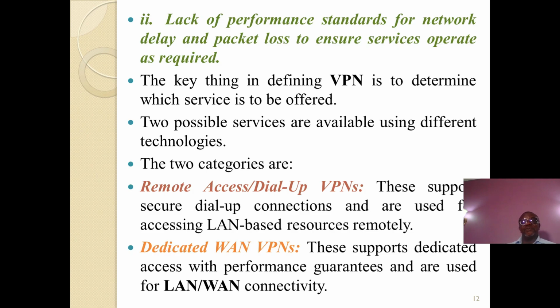The key thing in defining this VPN is to determine which services are to be offered. Two possible services are available using different technologies. The first one is the remote access or dial-up VPNs. This supports secure dial-up connections and is used for accessing local area network-based resources remotely.